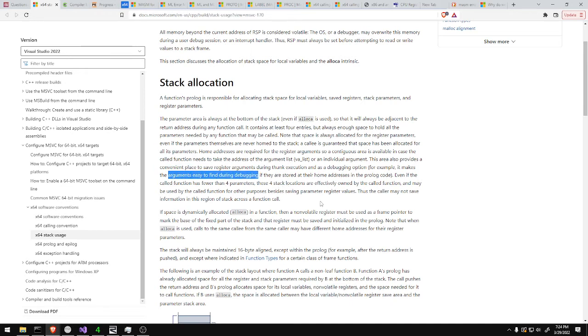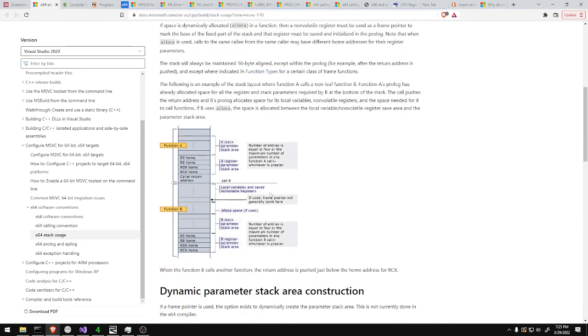They are stored at their home addresses in the prolog code. Even if the called function has fewer than 4 parameters, these 4 stack locations are effectively owned by the called function and may be used by the called function for other purposes besides saving parameter register values. Thus, the caller may not save information in this region of stack across a function call.